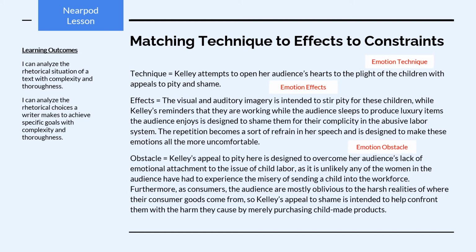So again, I've started with an emotion technique, I've explained emotion-based effects, and I've connected it to an emotion-based obstacle, which in this case is a lack of an emotion. Although sometimes, remember, the audience could be feeling some other emotion that the writer tries to twist or turn into a different emotion. Here, it's a lack of emotion that they're trying to overcome.